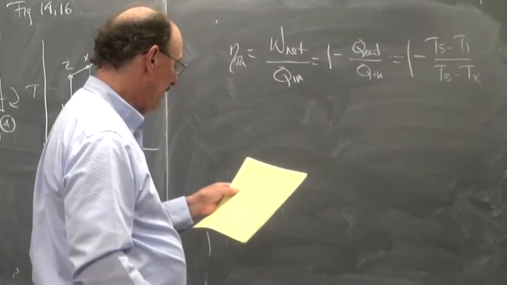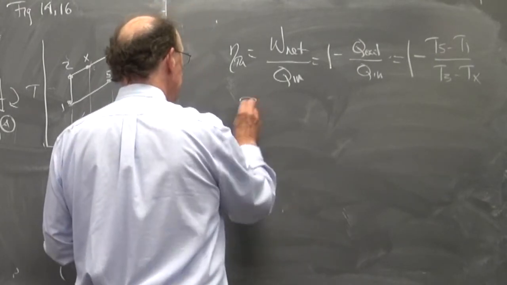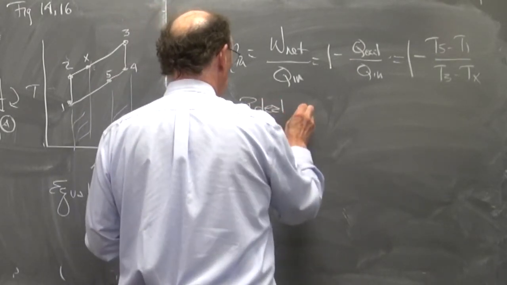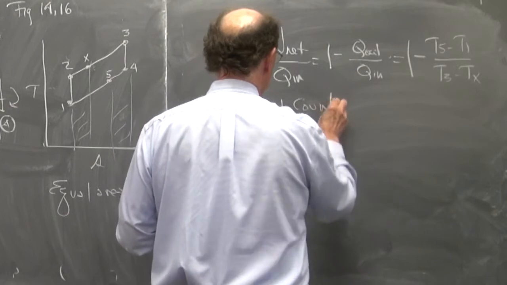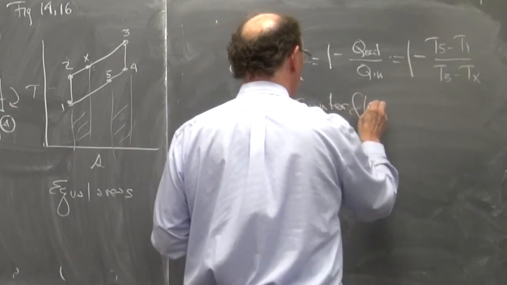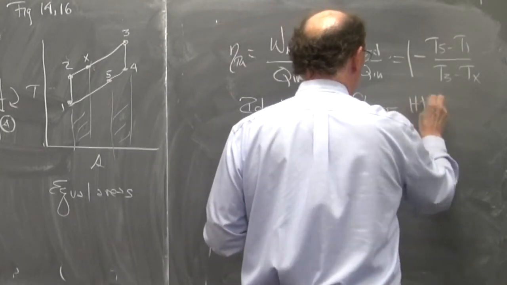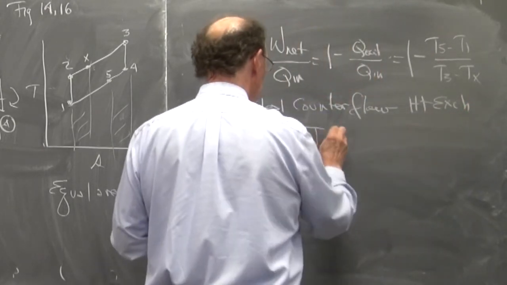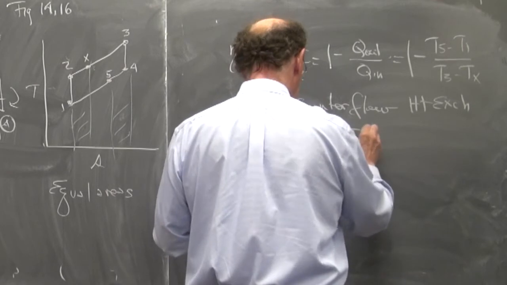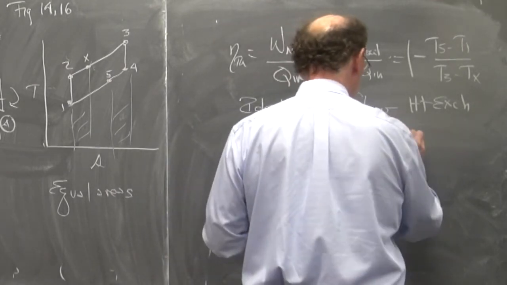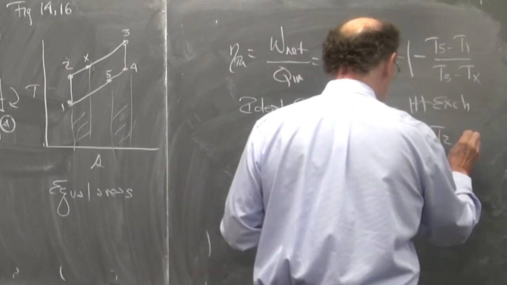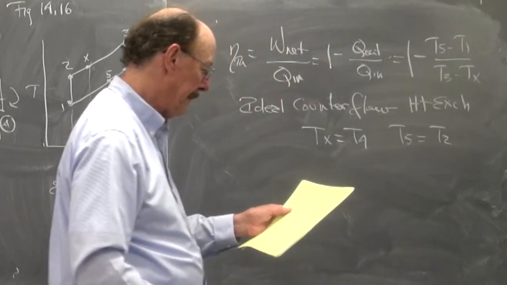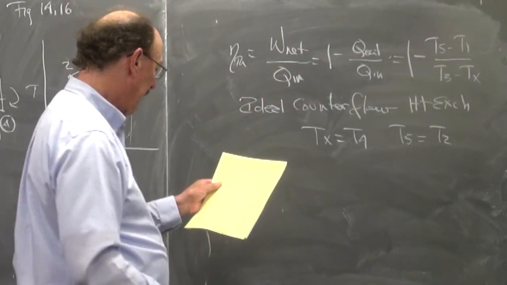For an ideal counterflow heat exchanger, Tx is equal to T4 and T5 is equal to T2.